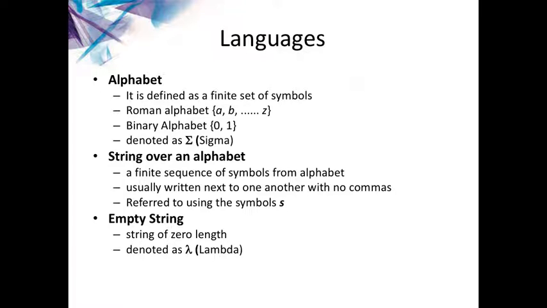The alphabet is a set that contains all the symbols that build the strings that belong to this language. Just like how we say the English alphabet, any English word is composed and built out of this English alphabet. The alphabet takes the symbol sigma. So if you see sigma, this means the alphabet of a language.